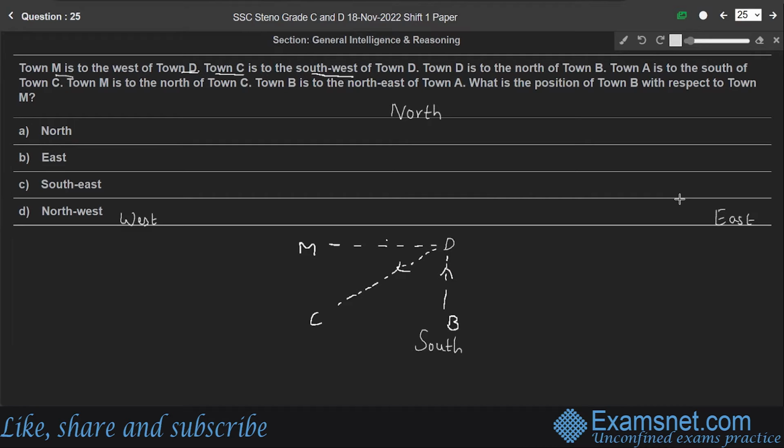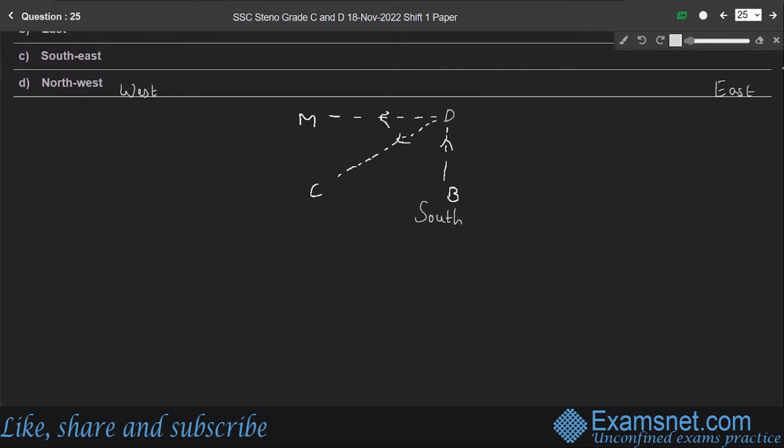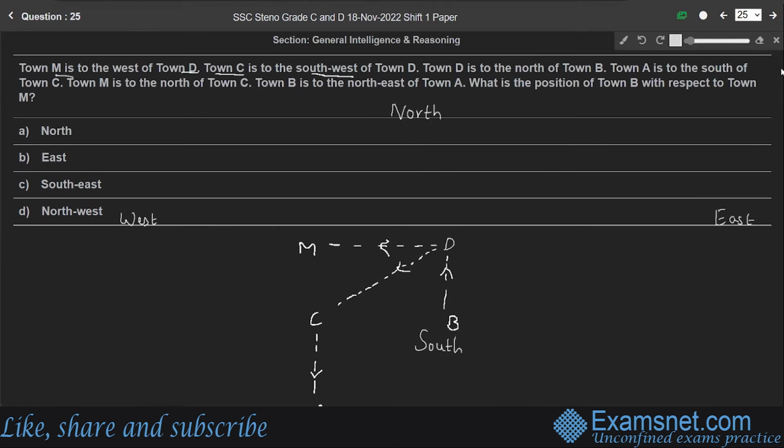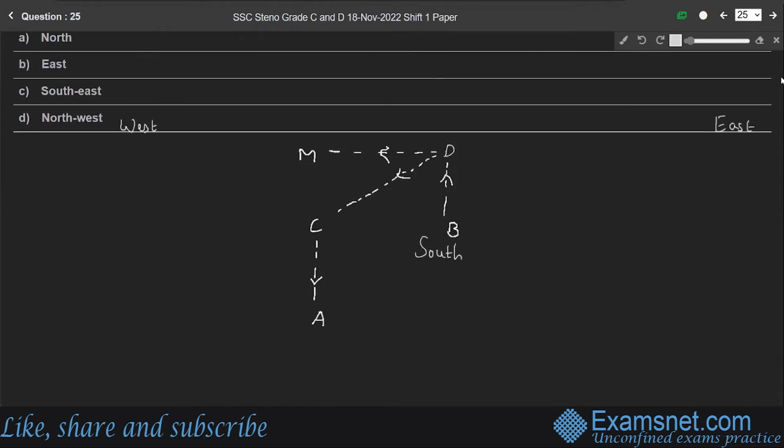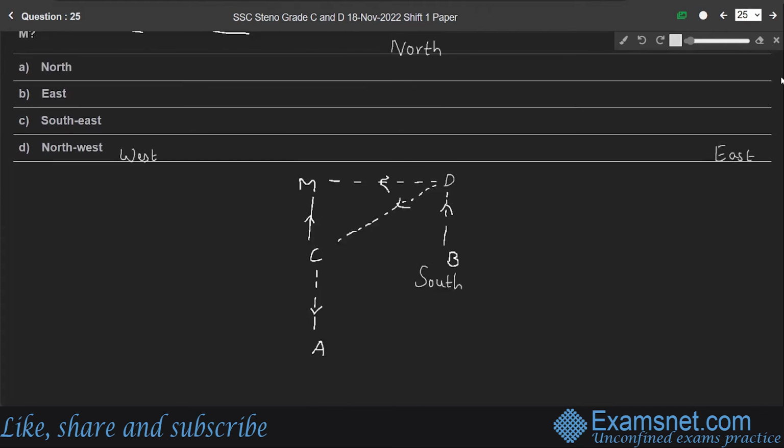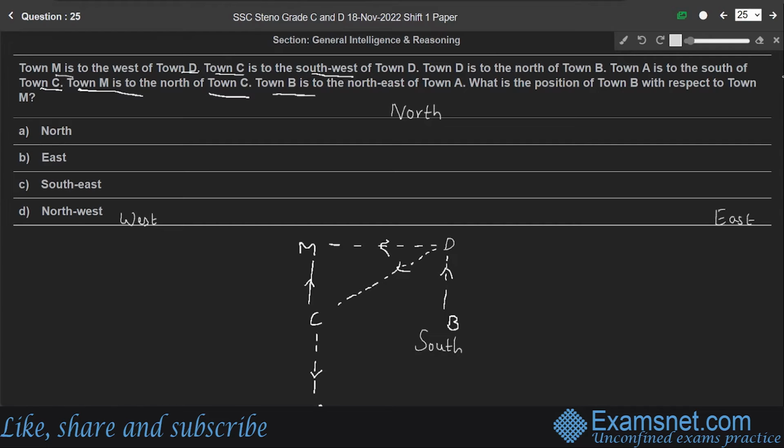Next, town A is to the south of town C, so town A is here, right? Next point, town M is to the north of town C. Yes, town M is to the north of town C, right? This condition got satisfied. Next, town B is to the northeast of town A.